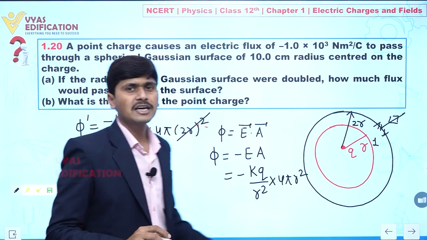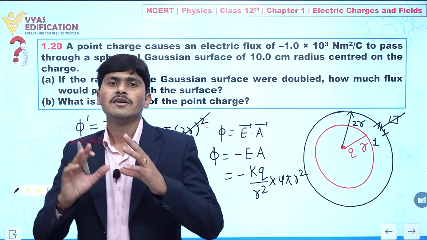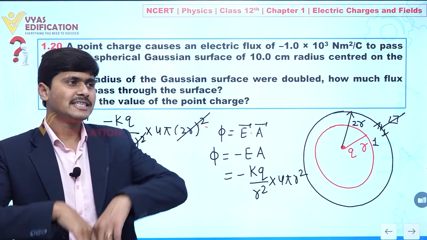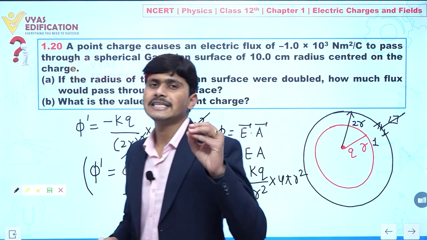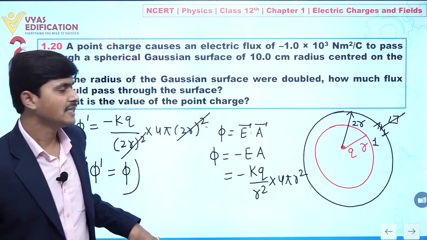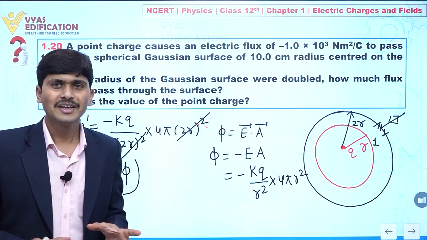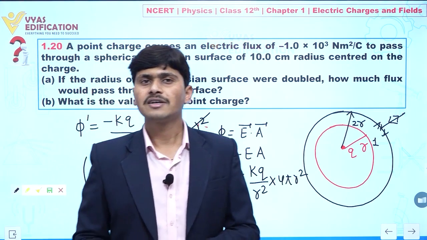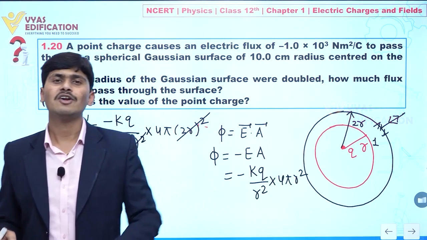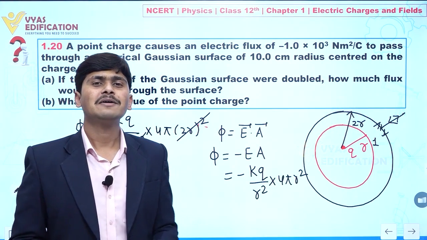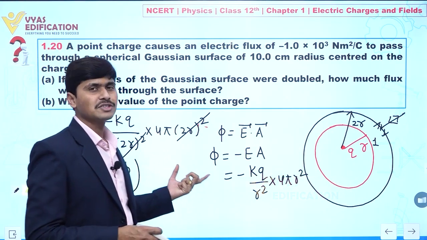A very important conclusion we get here: whenever we change the radius of a Gaussian surface, but the net q inside this Gaussian surface is the same, the net flux that is coming outward or inward always remains the same. It does not depend on the radius of the Gaussian surface.